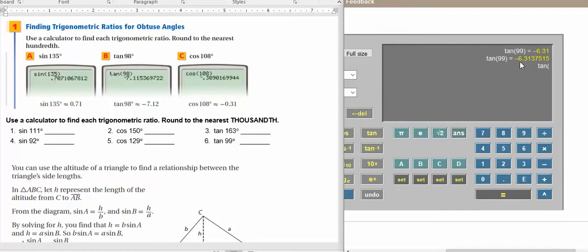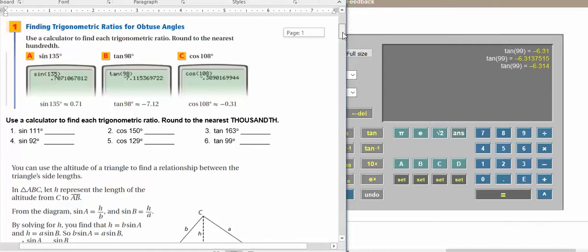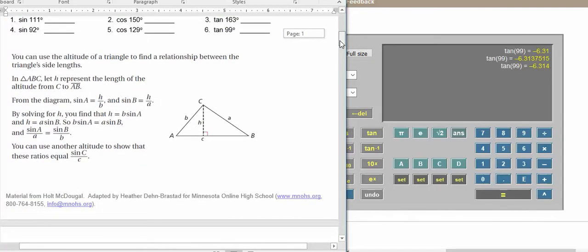So it should be negative 6.314. But some people forget how to round and might round that as negative 6.313, which maybe doesn't seem like a huge deal, but if you make a rounding error and then carry it through a problem, then that rounding error will be compounded and make other parts of the problem wrong.